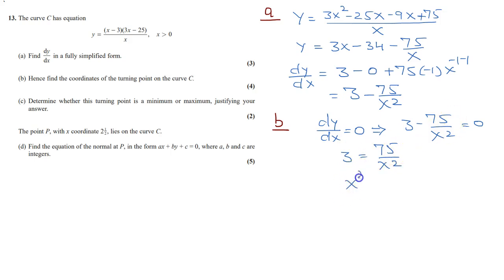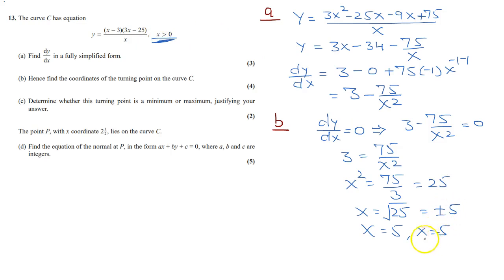So x square is 75 over 3, that is 25. So x is root 25, so it is plus minus 5. So the value of x is 5 and the value of x is minus 5. But here we have the condition x is greater than 0. So the value of x is 5.